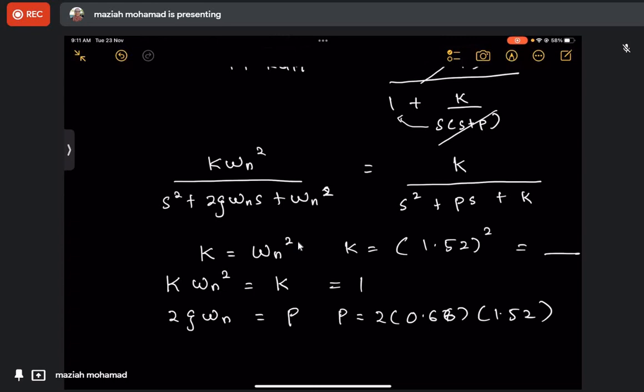So here you need to choose a value of K and P in the transfer function of the system. So we do that by comparing the relationship between the transfer function of second order to the transfer function of the system.